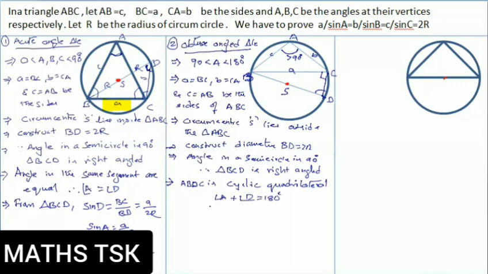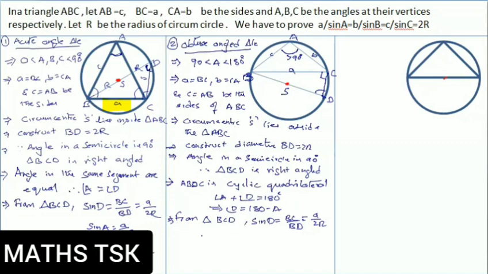This implies angle D is equal to 180 minus A. Next, from triangle BCD, a right angle triangle, sin D is BC by BD, isn't it? That is nothing but a by 2R.